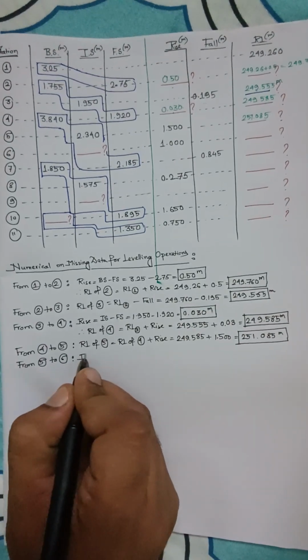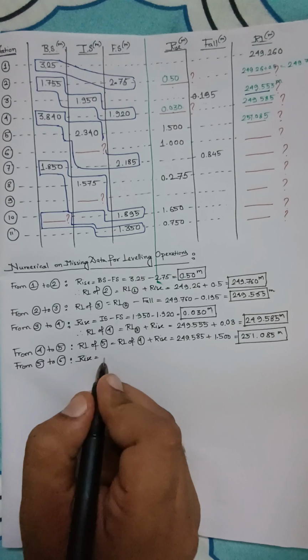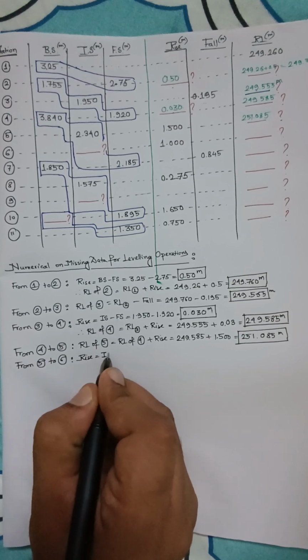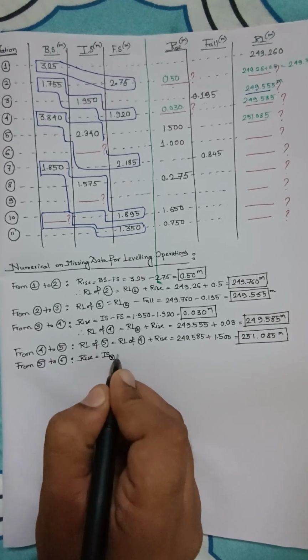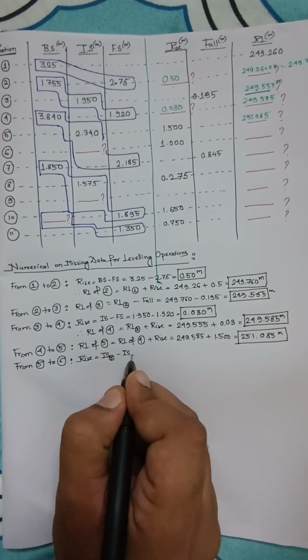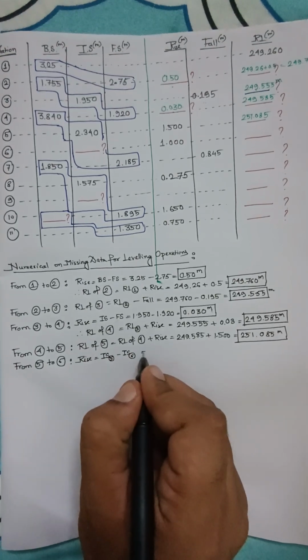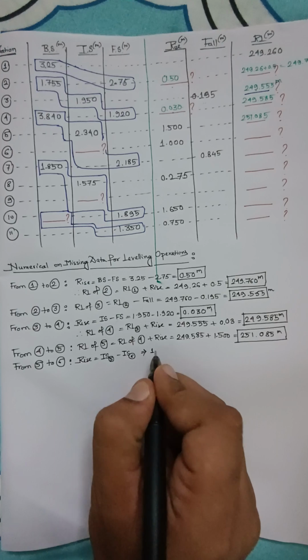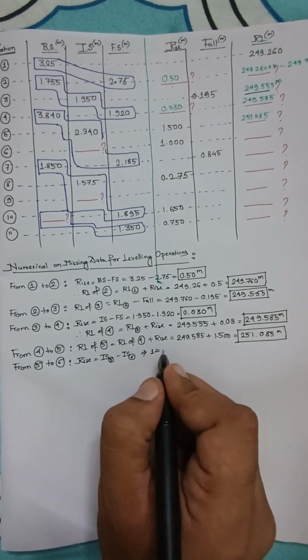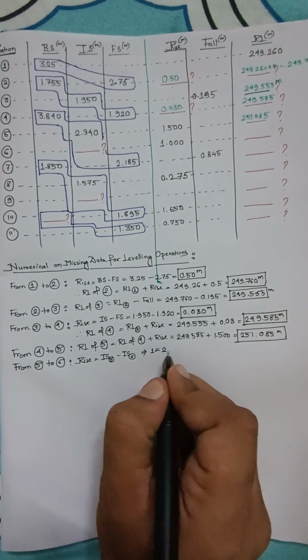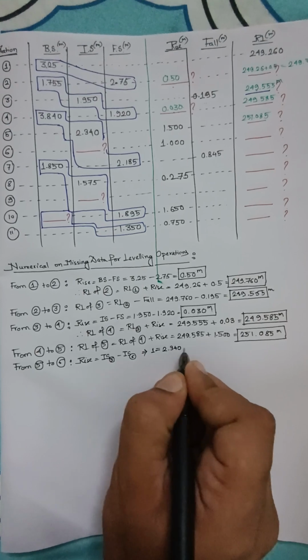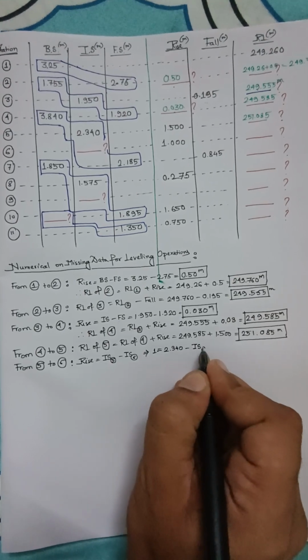So what is rise? Rise is equal to the IS of 5 minus IS of 6. Now we know that rise, which is 1, 1 is equal to IS of 5 is 2.340 minus IS of 6.